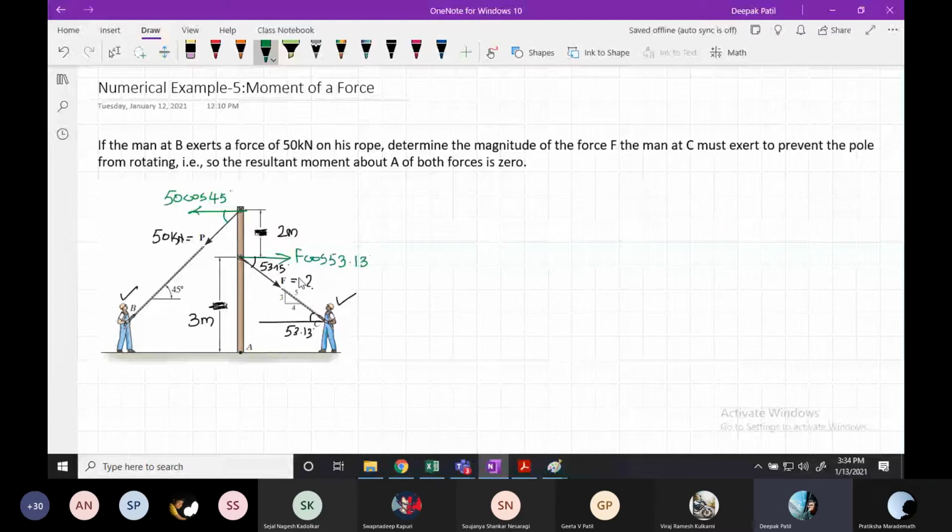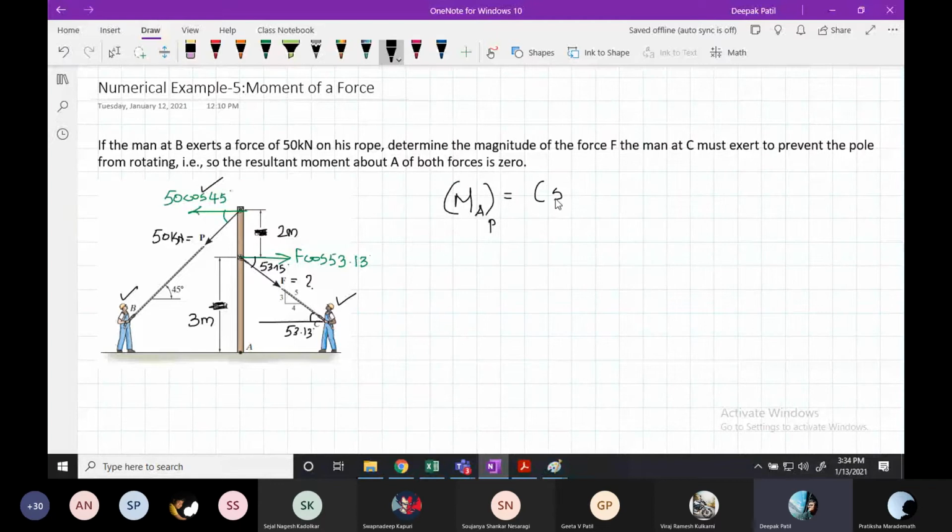Now I will try to find the moment produced by this one. I will write MA, the moment at A because of P, is equal to 50 cos 45 multiplied by 5 meters.